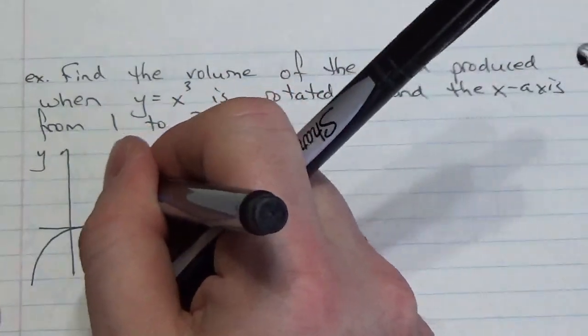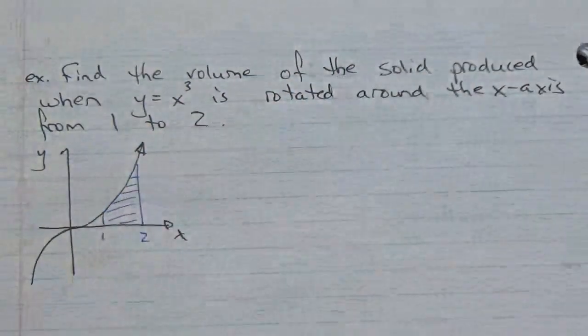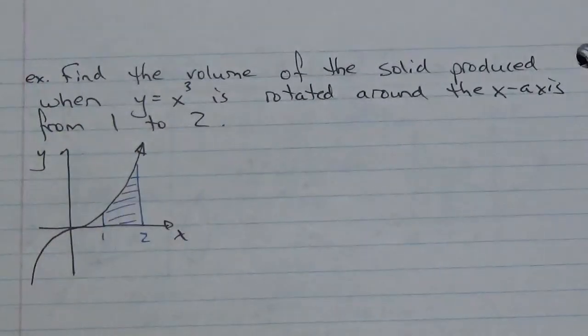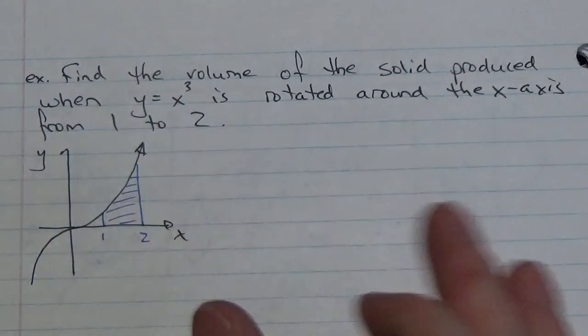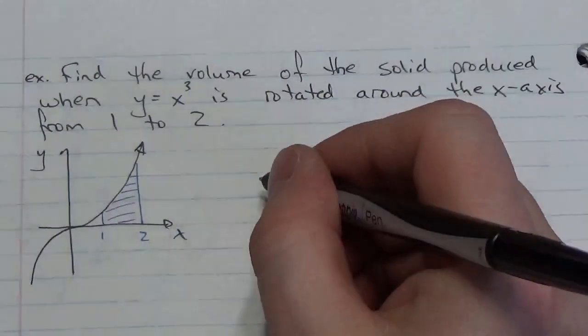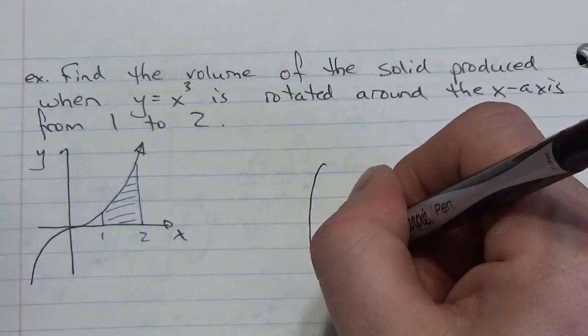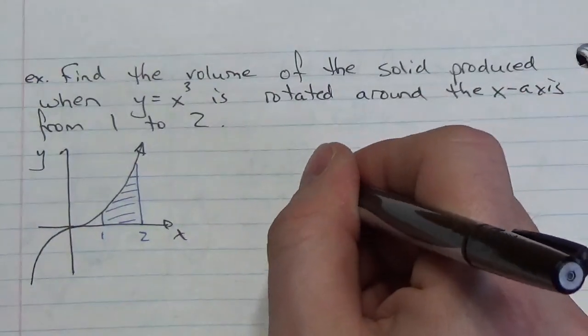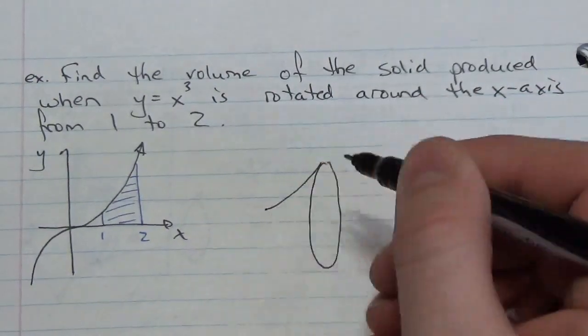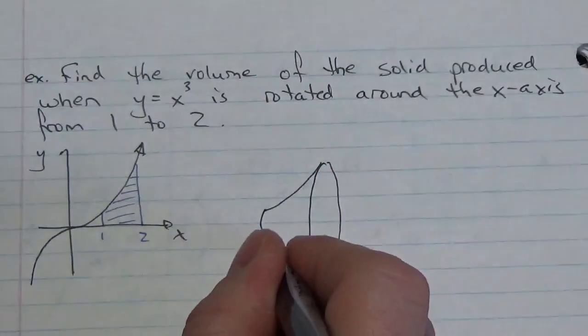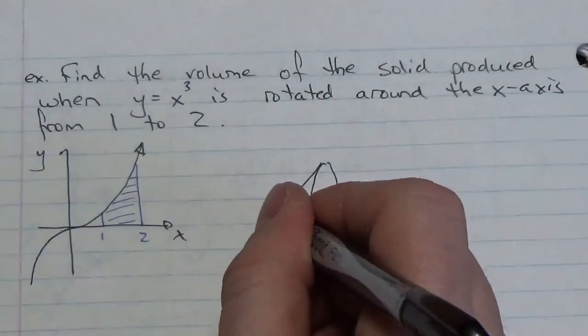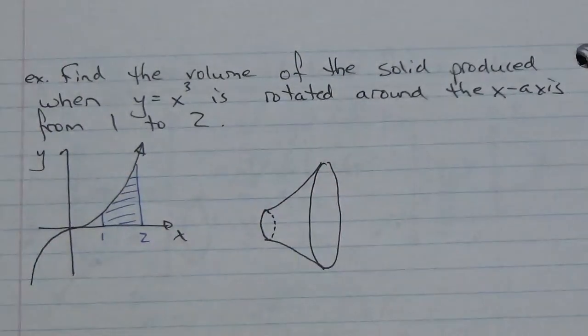So it's going to be this shape right here, getting rotated around the x-axis. Now, when that's done, the shape that we're going to get is going to end up looking something like this, coming down like that, and then around like that. Anyway, just to give you a sense of what that's going to look like.